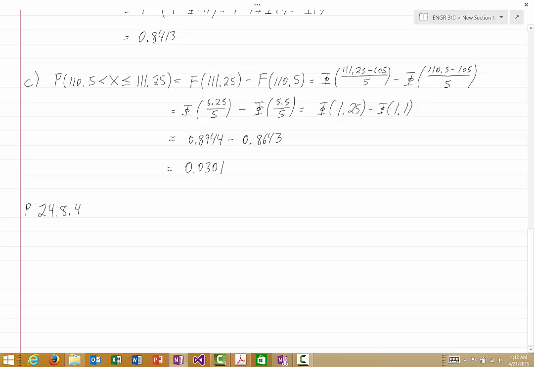And this one says the following: let X be normal with mean 3.6 and variance 0.01.